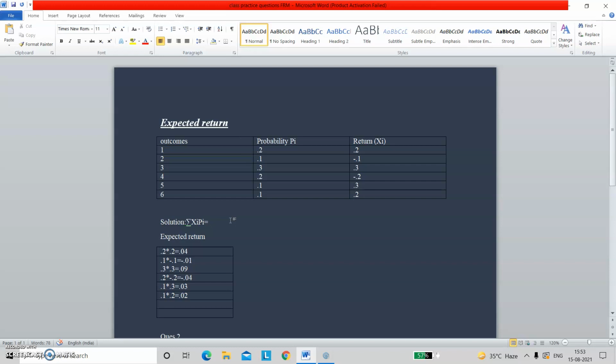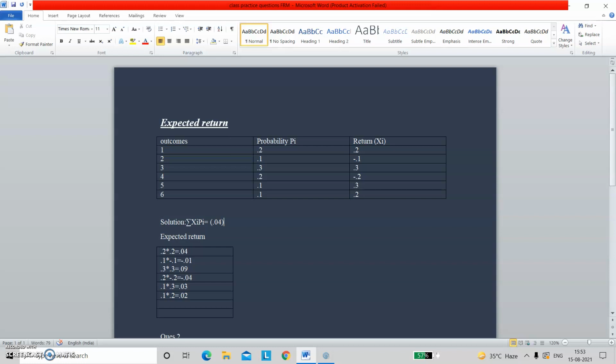If any of the 6 can come, then I have to consider the negative part also, that is the loss part, and the positive part also. That means the investor has to understand and take into consideration all the aspects which might come in his investments, right? So what I am going to do is add all the individual returns which have been multiplied by their probabilities and sum them up, right?